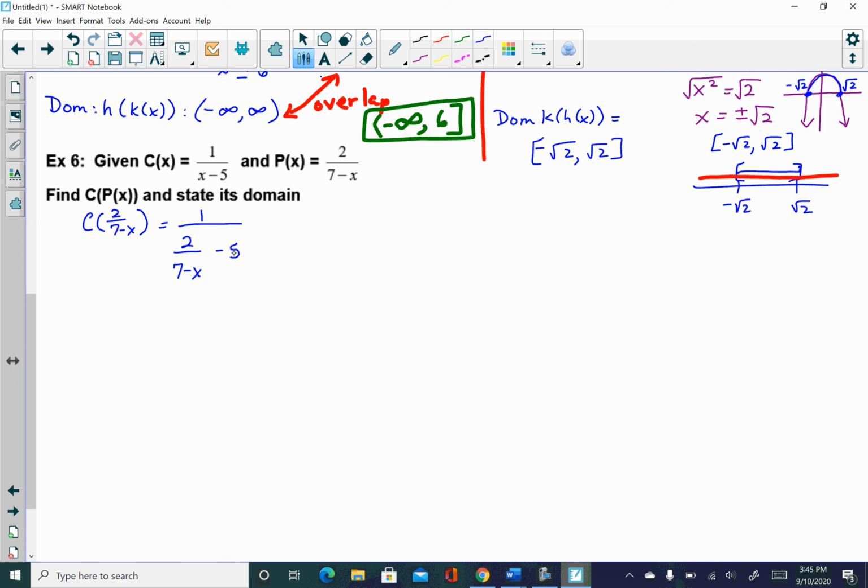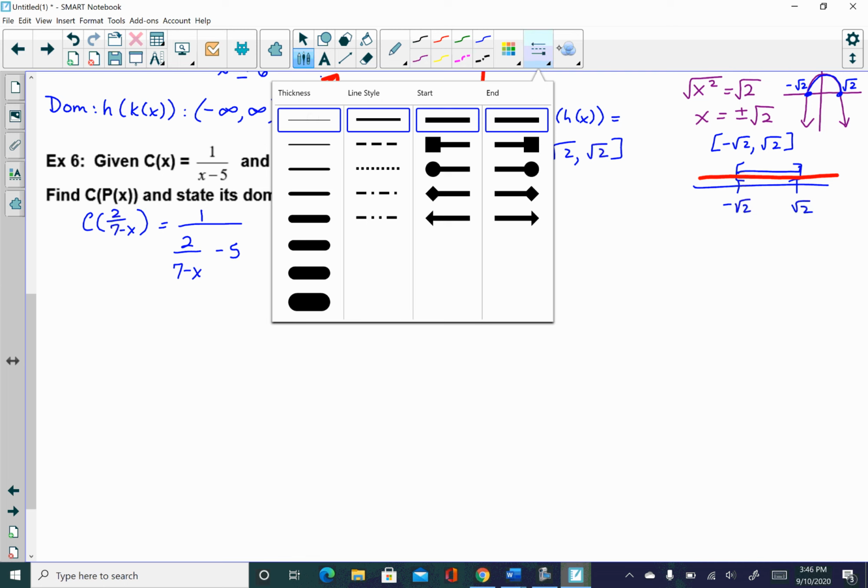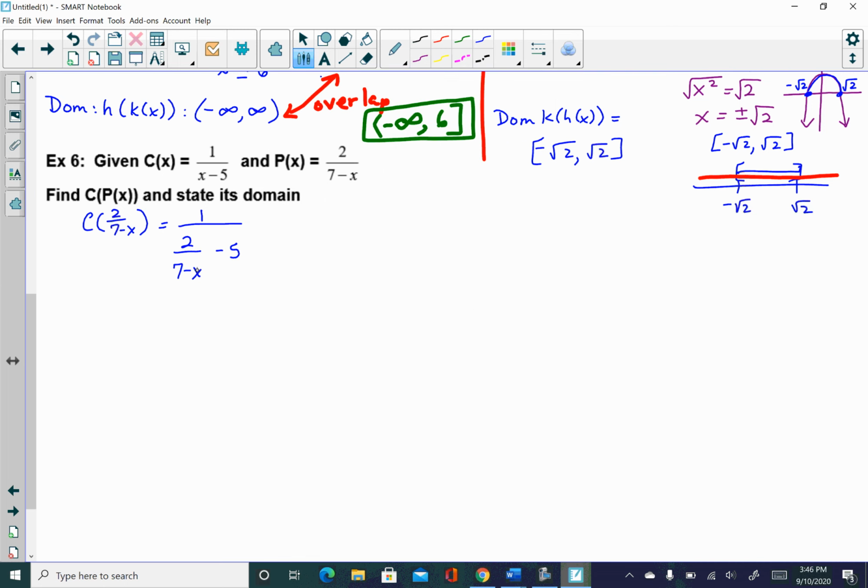Now this looks ugly. We've got to clean this up. We cannot leave a fraction within a fraction. The easiest way to get rid of this fraction within a fraction is to multiply by the common denominator. And the common denominator is, you look at the fraction within a fraction, so you just have to worry about here then the 7 minus x. So we're going to multiply every term by 7 minus x.